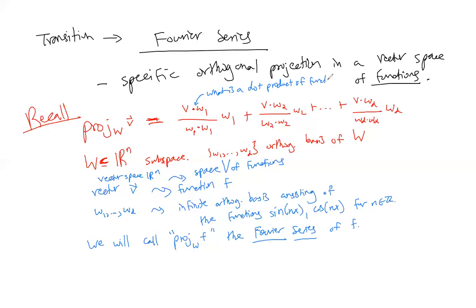So we need to generalize all of our notions from before to make sense on functions. Okay, so let's do that first. Our space of functions, we're going to restrict our attention to functions that are defined just on an interval. We'll do it more generally from R to R, but for now we're just going to fix our domain to be an interval.